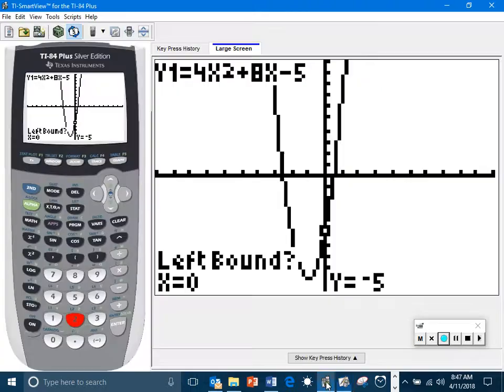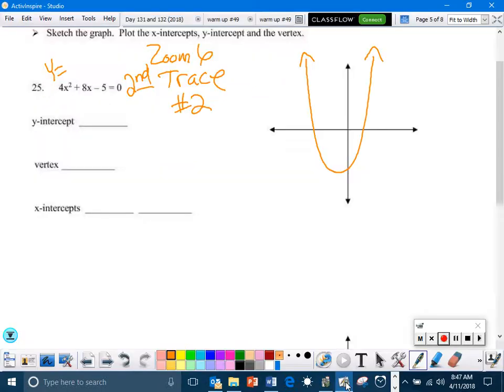Now, before I do anything, look what popped up on the bottom of the screen. 0, -5. That is your y-intercept. Again, I hit second trace, I picked number 2, and that's the first thing that popped up. Okay, now I'm going to find the x-intercepts.